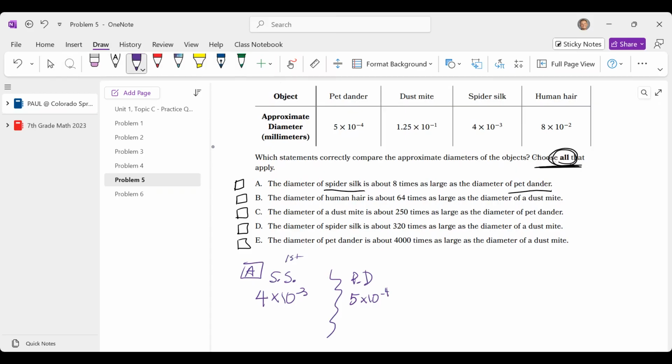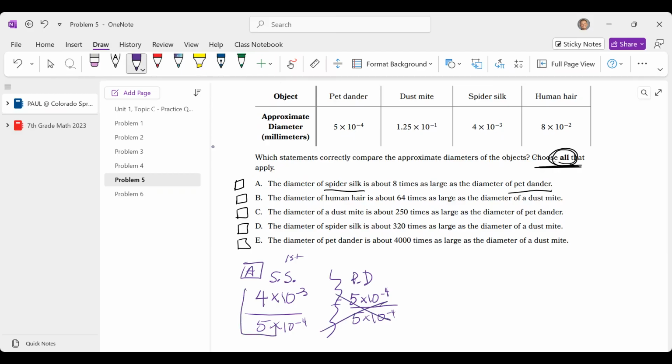So I'm going to divide this by 5 times 10 to the negative 4th. That's what we do when we're trying to compare values. And this goes all the way back to number 1, where we divided the top and bottom.